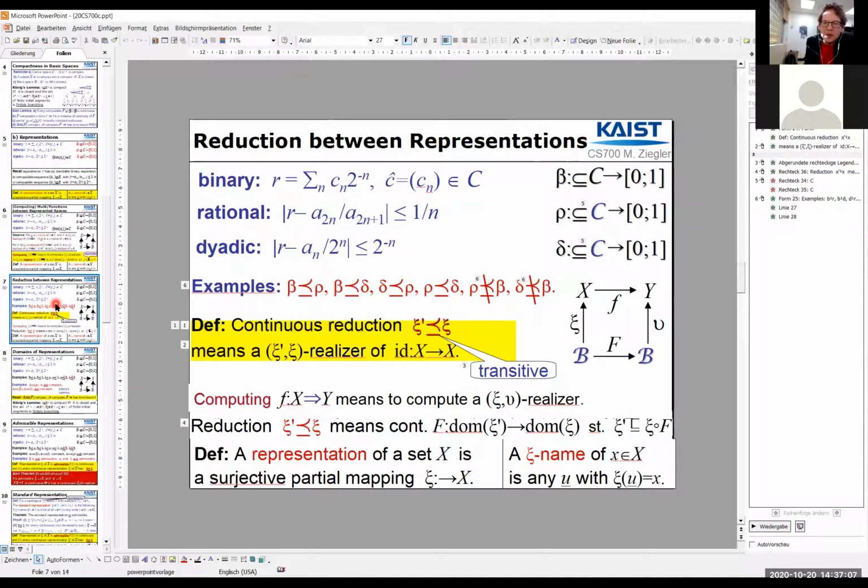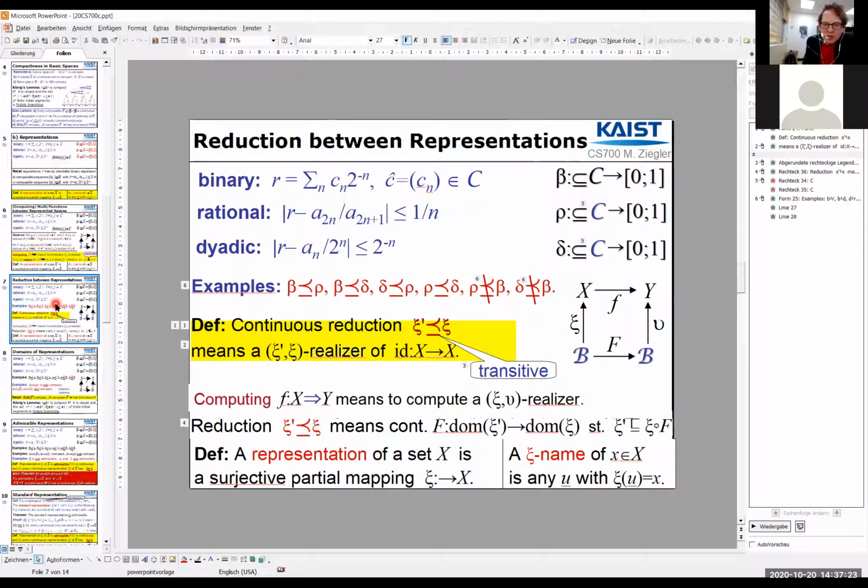So when we want to study reduction for continuous problems, we actually do need new notions that should still, of course, satisfy similar nice properties, in particular a property like transitivity.